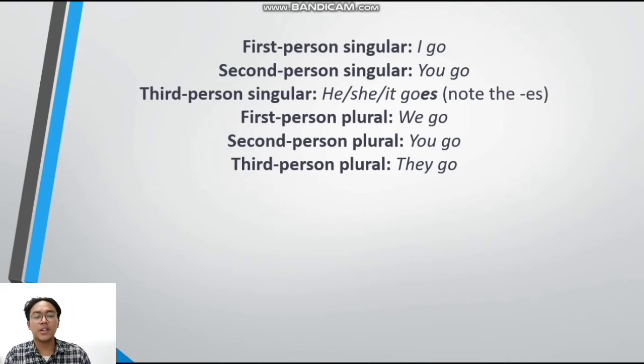And the third person singular, he, she, or it, uses es at the end of the verb, like goes. Note the es. Why? Because the end of the verb is o, and when it is o, we use es. In the first person plural, we go. Second person plural, you go. The third person plural, they go.